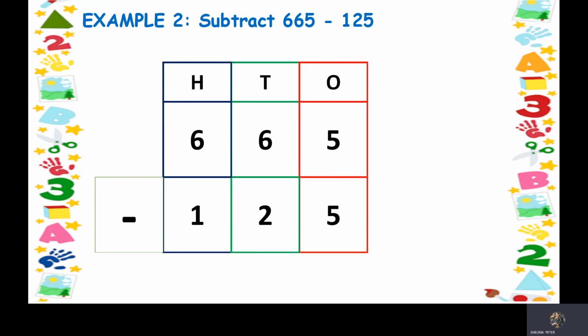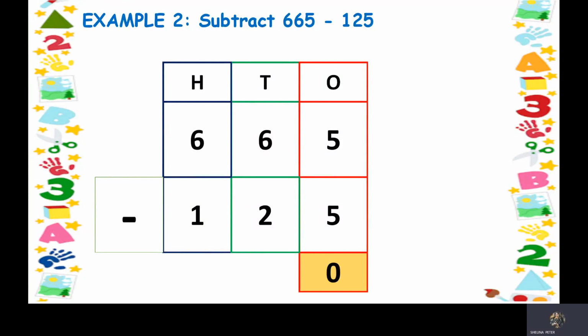Then start subtracting the numbers from the ones column. So as you can see, in ones column we have 5 and again we have 5. So whenever you see the same number, you will get the answer as 0. Why? Because suppose you have 5 toffees and I take all the 5 toffees from you.